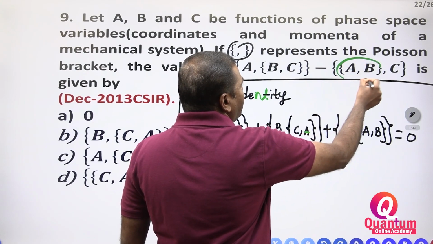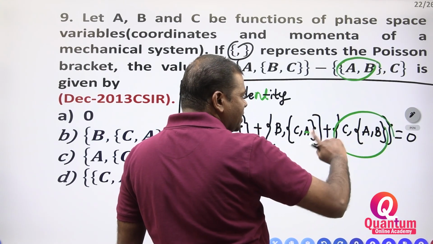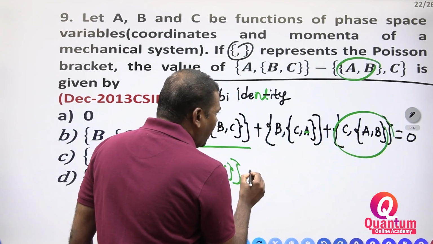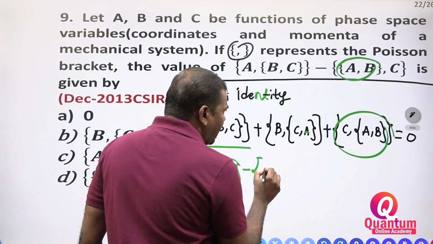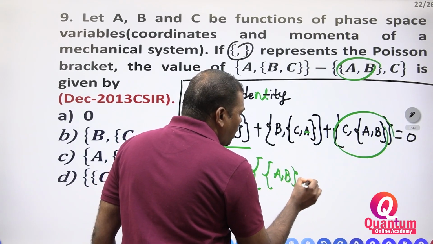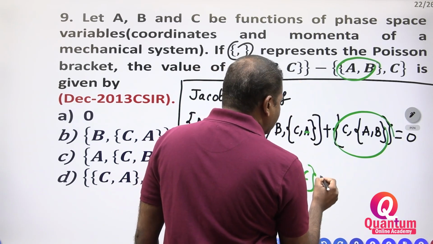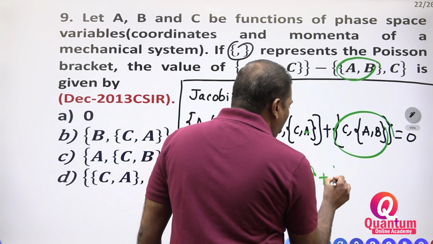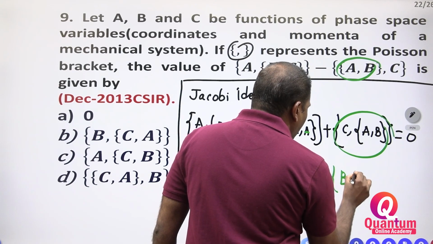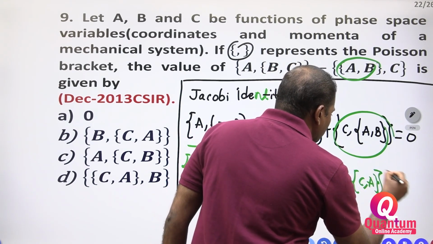AB comma C means you have to reverse it. Minus Poisson bracket of AB comma Poisson bracket of C, plus as it is you have to write Poisson bracket of B comma C comma A is equal to 0.